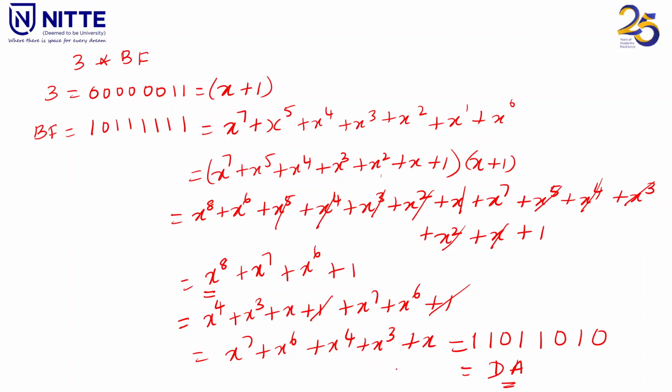That is nothing but if I multiply 3 into BF, I get DA. Next, the remaining. 1 into 5D, I get 5D only as the answer. Then 1 into 30, I get 30.